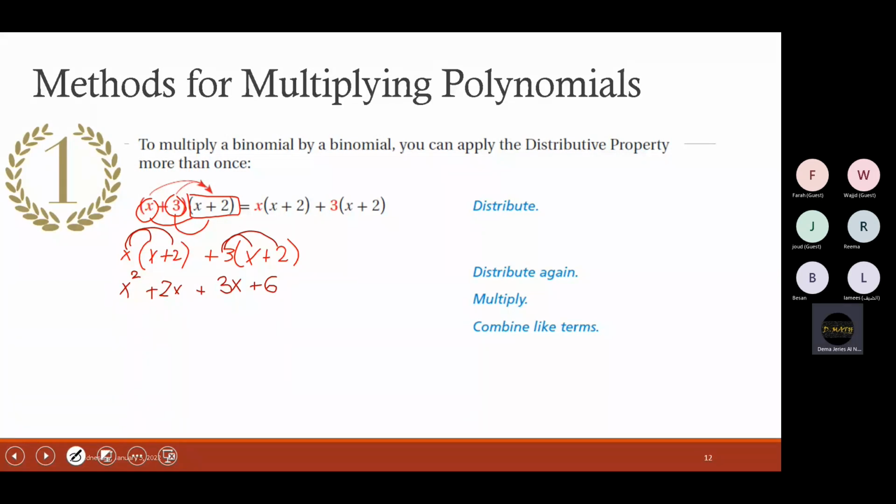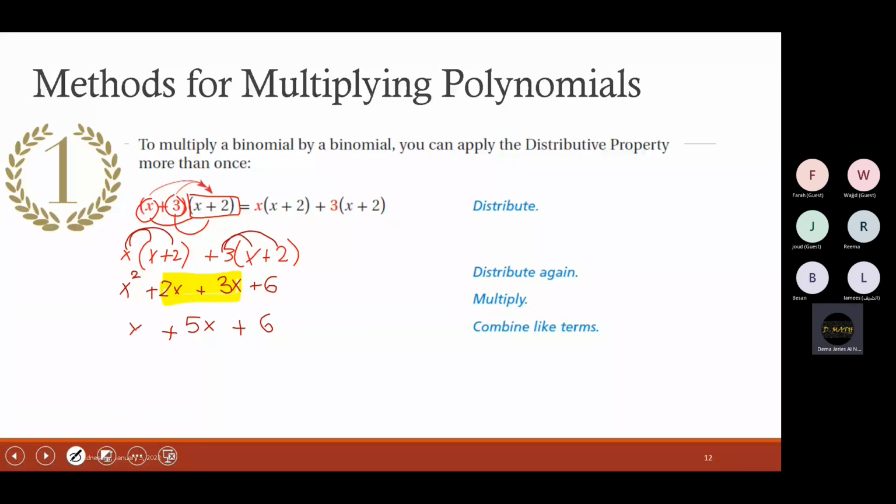After I distribute them, I will combine the like terms. As we see here, we have x squared, 2x and 3x. These are like terms. We combine them, we add them. They have the same power and the same variable, so 2 plus 3 is 5x, plus 6, and here we have x squared.